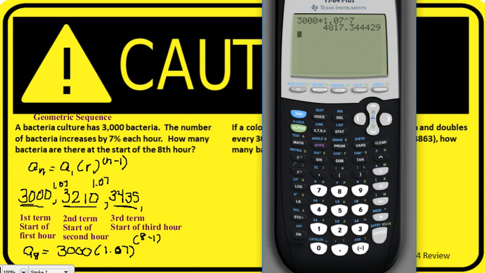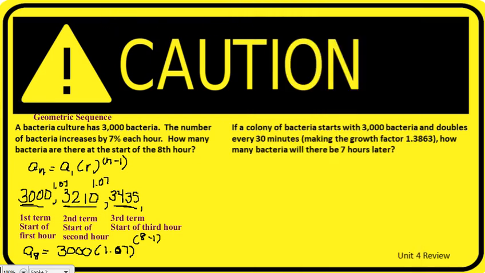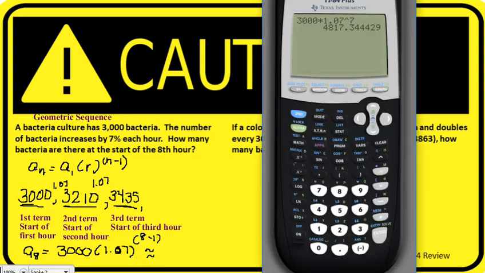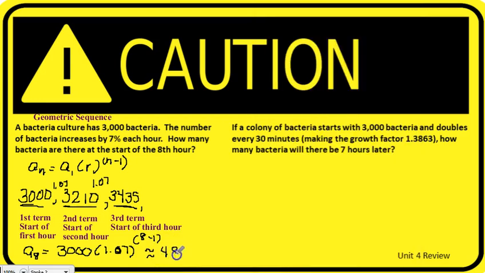I'm not going to include the 0.34 because I can't have 34 hundredths of a bacteria. I either have one or I don't. And so I rounded, and when I rounded, that gets me approximately 4,817. So there will be approximately 4,817 bacteria at the start of the 8th hour.